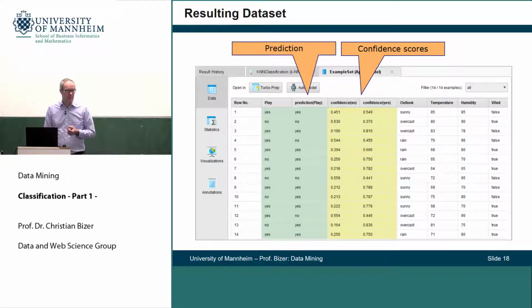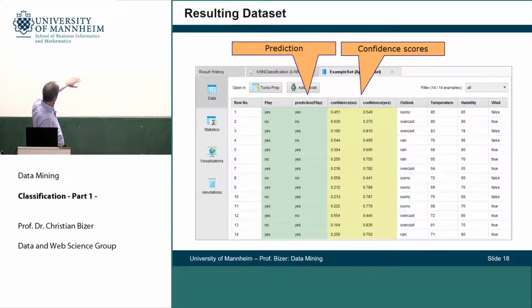How are these confidences calculated? They are calculated depending on the labels of the neighbors together with the distance to the point. So we see, for instance, the first 2 predictions are correct. Then the fourth prediction is wrong, but the confidence values are close to 0.5. So the algorithm indicates that it wasn't too sure about its classification decision.